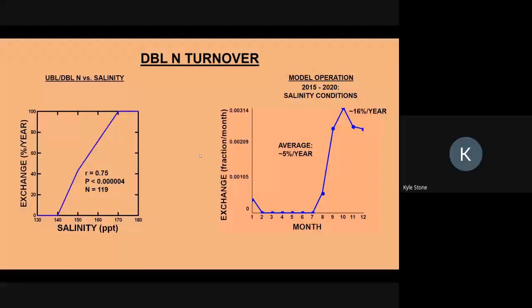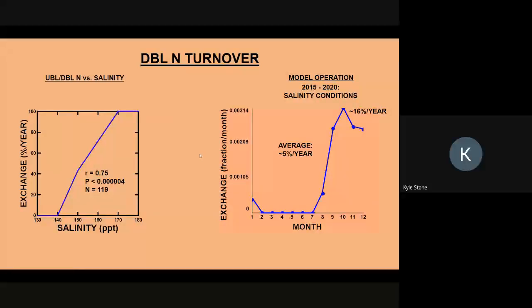At salinities below about 140 ppT, there's no turnover. What happens is stuff falls into the deep brine layer and it sits there. Above about 170 ppT, there's complete turnover.